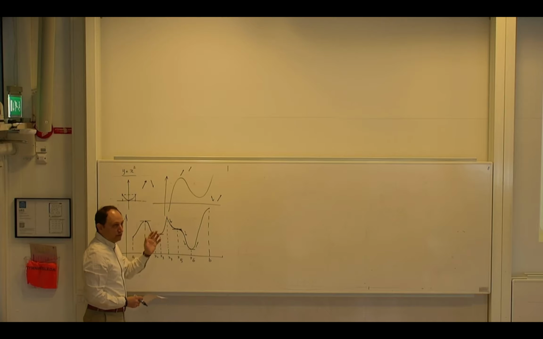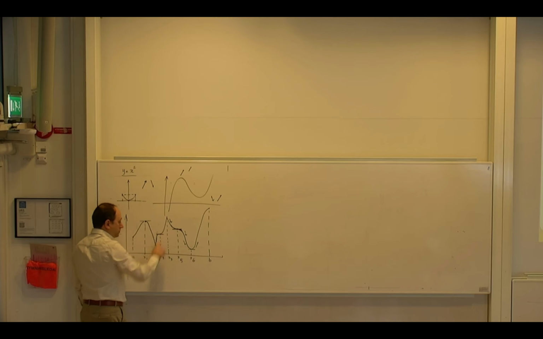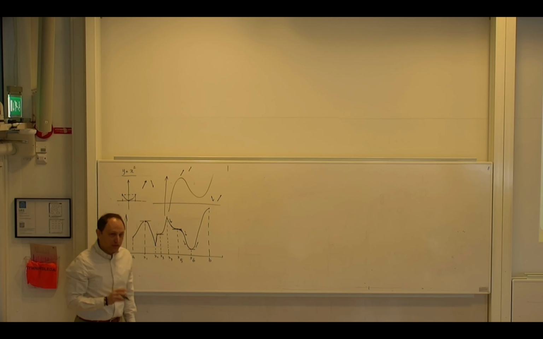Is that clear? But if somehow I can manage to find x2 and x4, the behavior is still the same. How can I understand which one is a local minimum and which one is a local maximum? The same idea. Before a local minimum, the function is decreasing. After the local minimum, the function is increasing. The same for this.